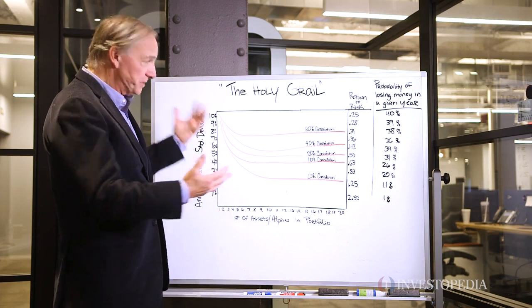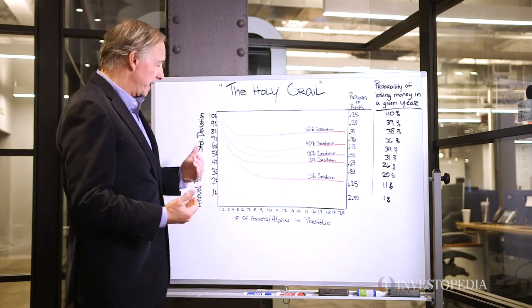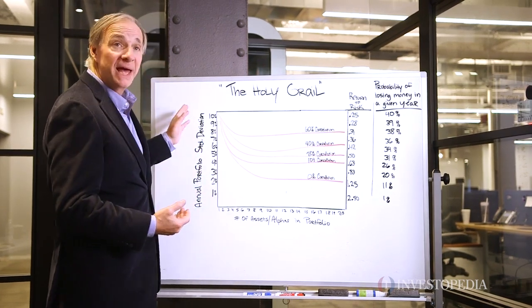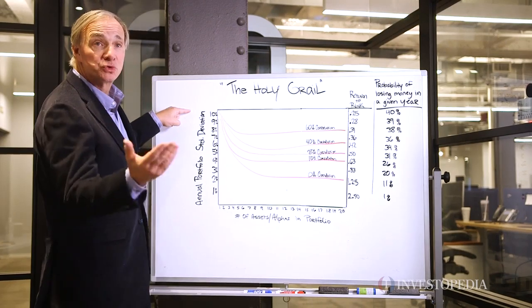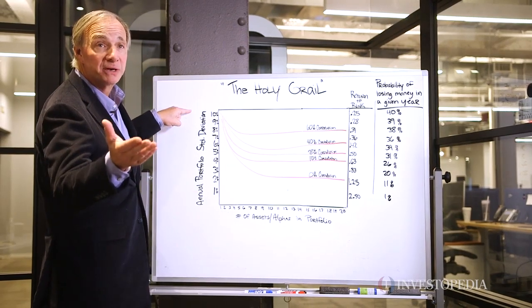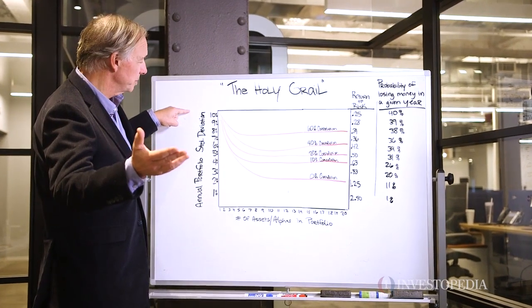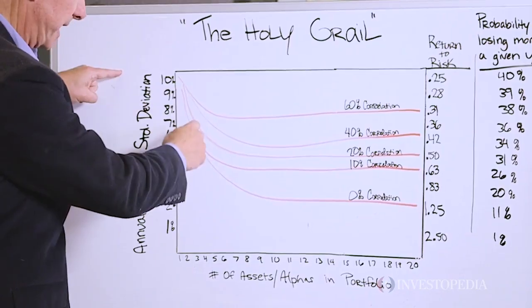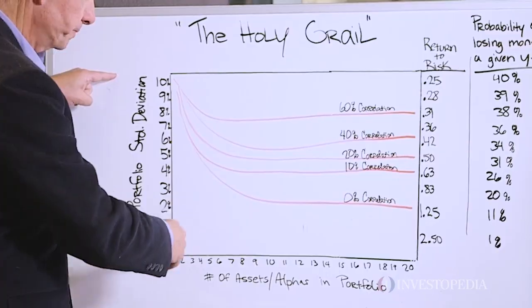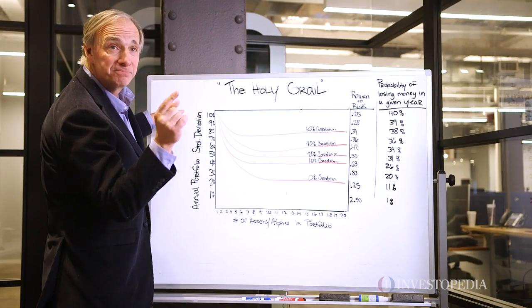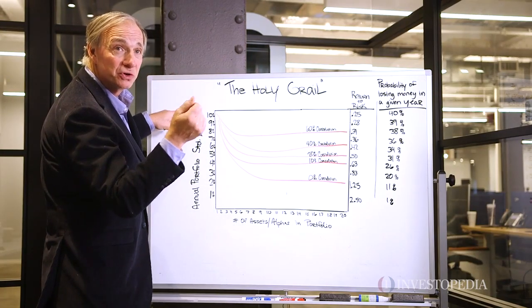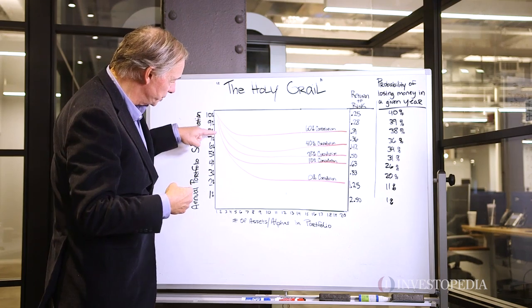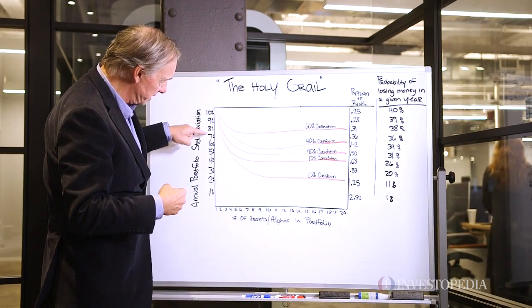So that's what this chart shows, right? Imagine you have a 10% average return, and you don't know which bet is going to be better. It has a 10% average return and a 10% risk, and you add in a second and a third and so on. You're not going to lose the 10% return, but you're going to have a reduction in risk.